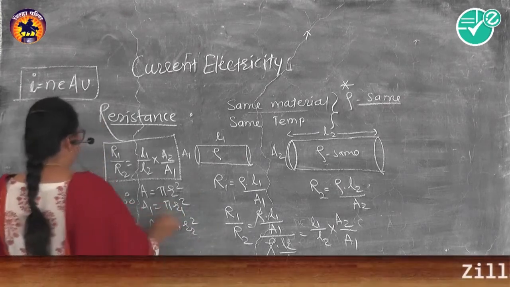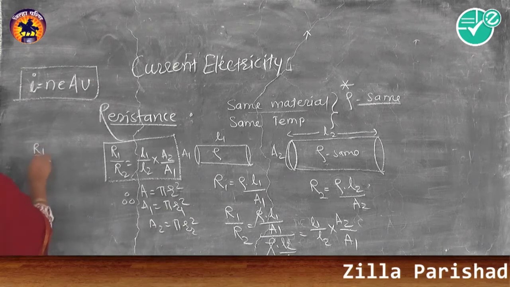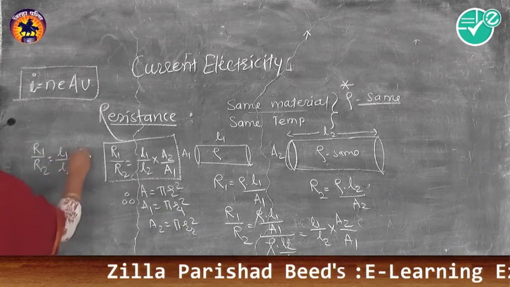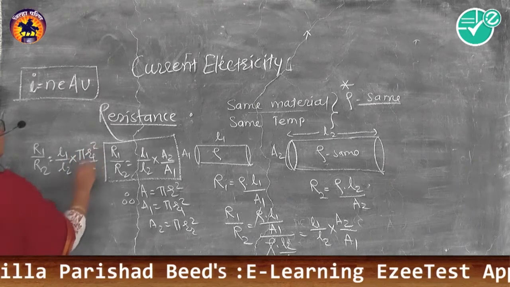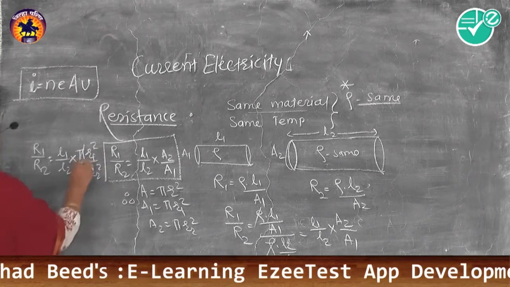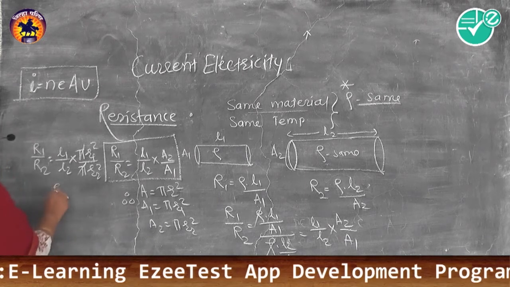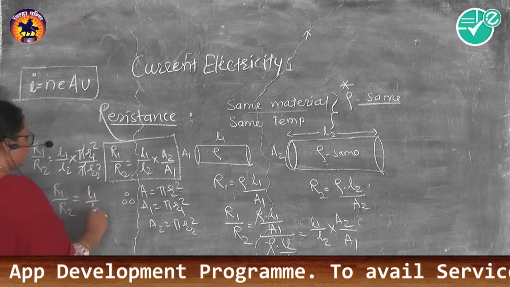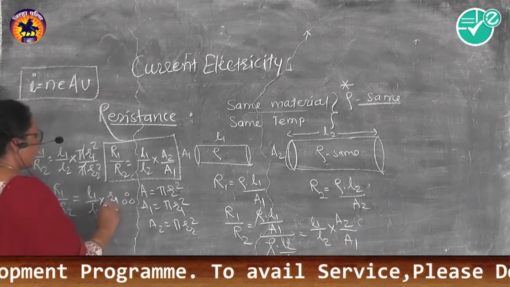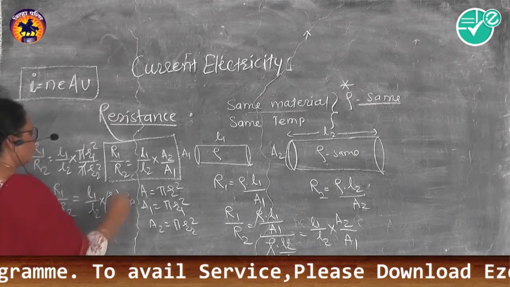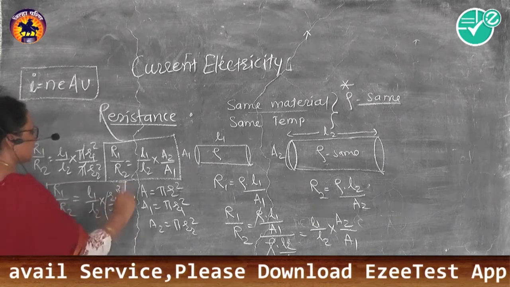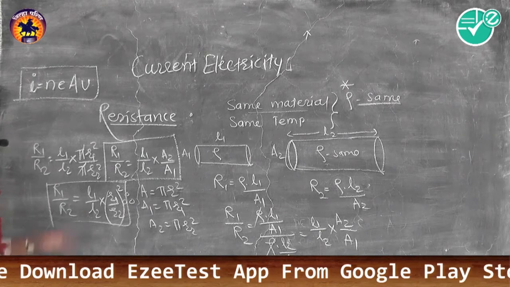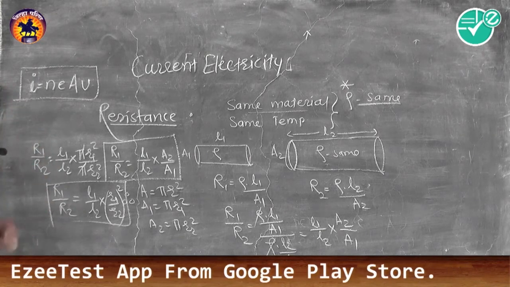So this will become R1 upon R2 is equal to L1 upon L2 into pi r2 square upon pi r1 square. Here pi gets cancelled and you will finally get another relation: R1 upon R2 is equal to L1 upon L2 into r2 upon r1 whole bracket square. So this is another relation. All these are the relations for this resistance.